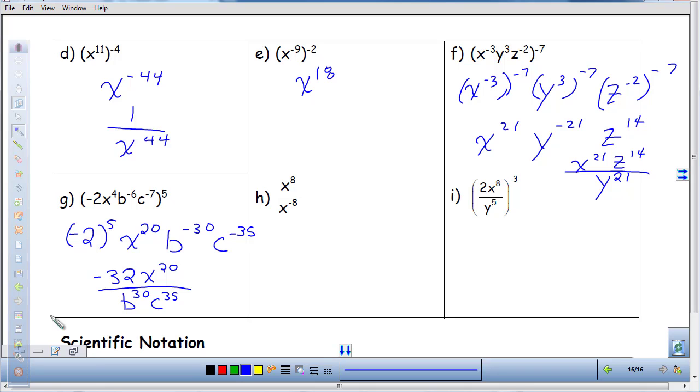Okay. Here, I'm going to subtract my exponents. So I get x to the 8 minus negative 8. That's just x to the 16th. You could do that as well. We could move x to the negative 8 to the numerator and then add exponents.